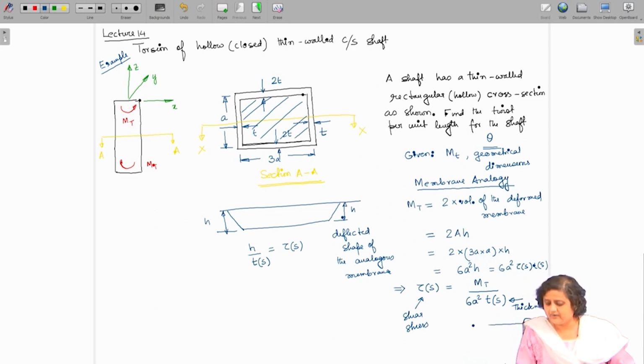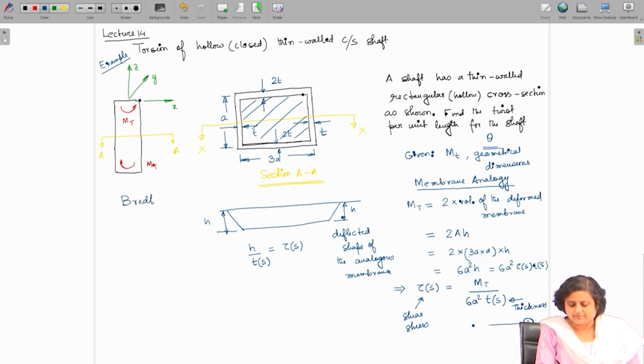The other equation will come from the Bredt-Batho theorem.